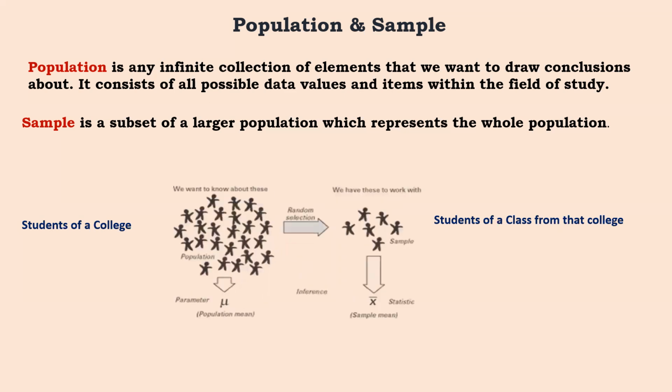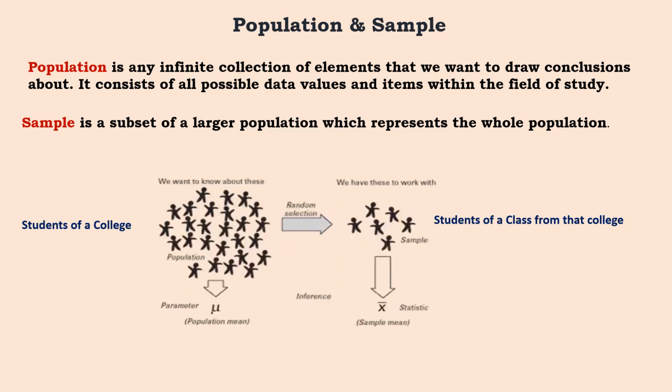Next we'll see how we can form the population, and with the help of the population, how we can go for sampling, then the testing, and finally we can go for the inference.